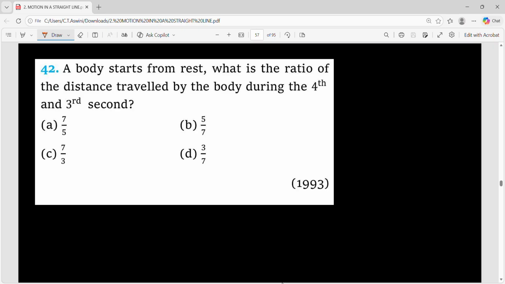That's very important, students. So today we will solve a variety of numerical problems, and along with that we will begin an interesting and very important topic, that is motion under gravity. You might have observed that whenever we throw an object up or drop something from a height, it always comes down. Why does that happen?